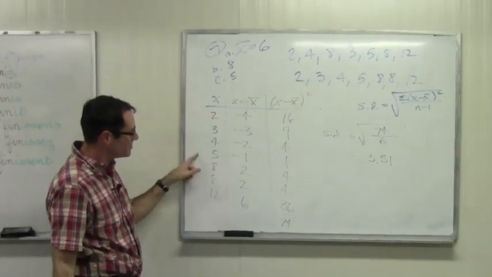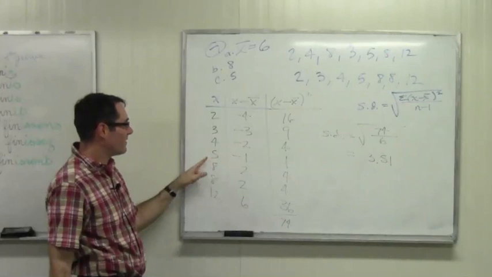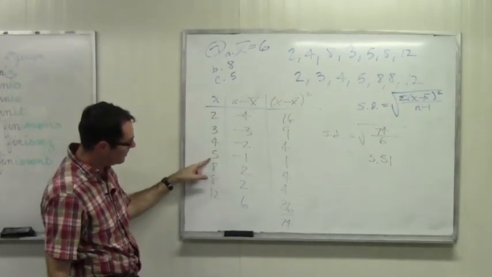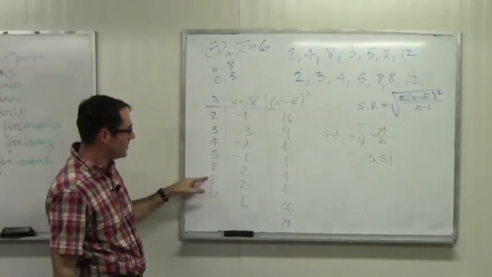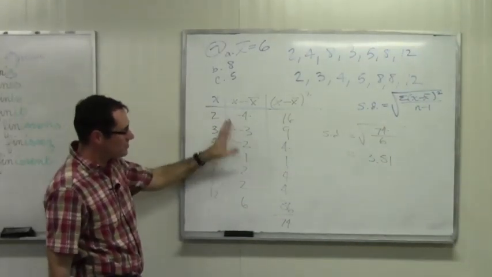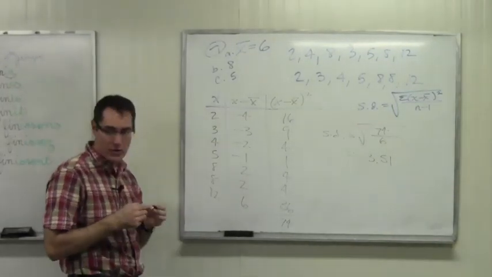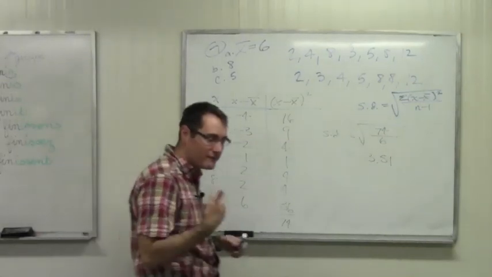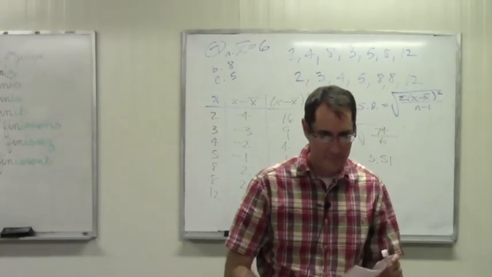If our middle number is 6, well, the average spread, 3.51, makes sense, because it's only 1 to here, and it's 2 to here, and then it's 6 to here. So the average spread is only about 3.5. So if you get numbers that are crazy, you can figure out that you're going in the wrong direction. Questions on that one?